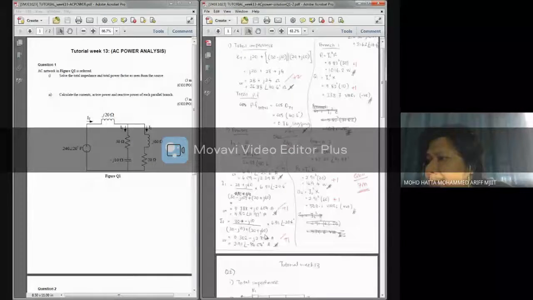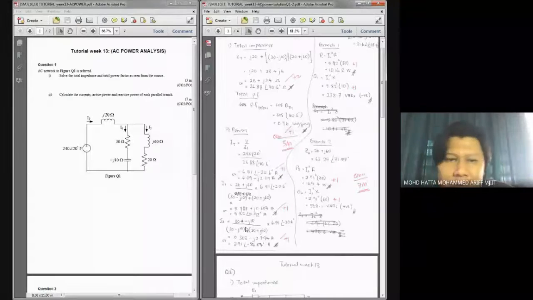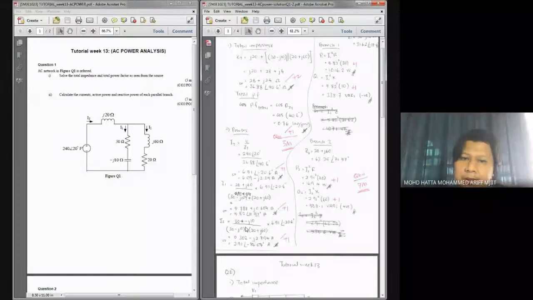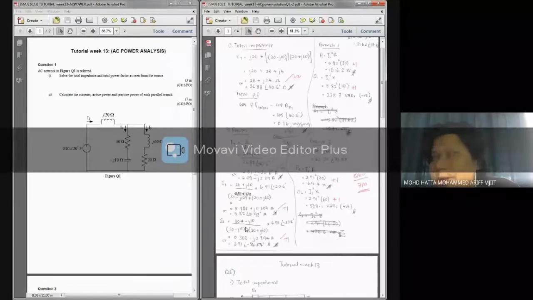So I will get my answer for I2 and I1 both using the current divider rule. You can also use the strategy that I showed you in the example using Kirchhoff's current law.